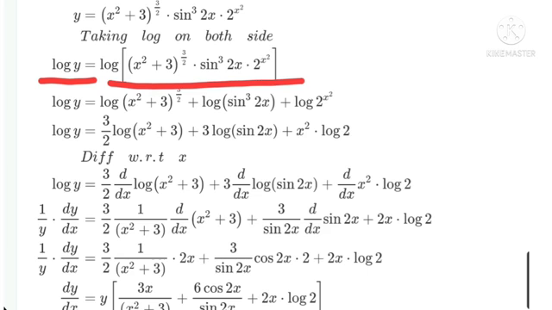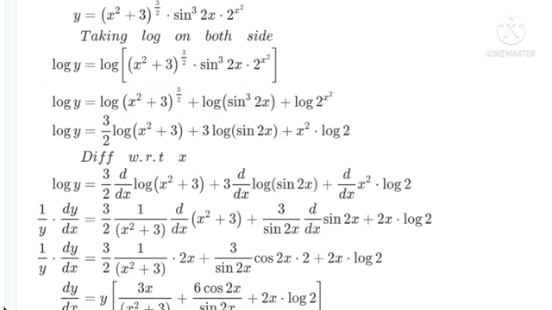Now log y as it is, on the RHS you apply the logarithmic rule. First here multiplication is there, so you use the rule log m n is log m plus log n. Okay, so here becomes log x square plus 3 raised to 3 upon 2 plus log sine cube 2x plus log 2 raised to x square.